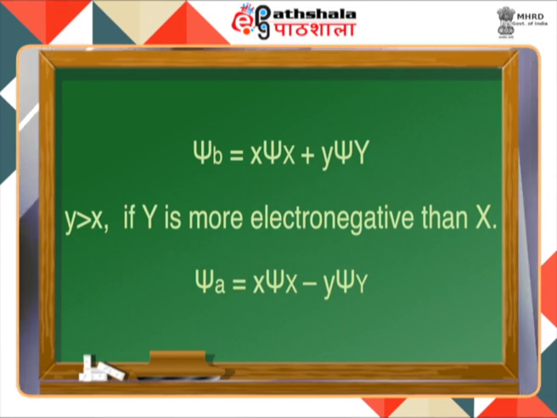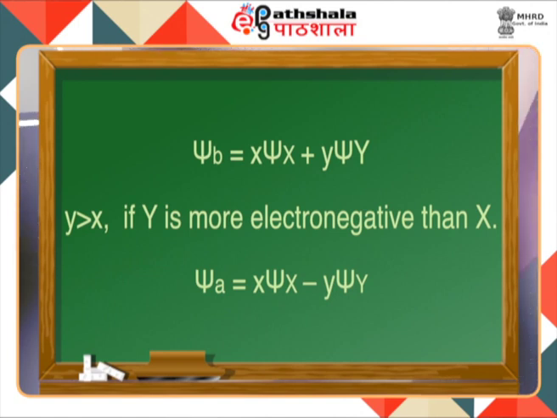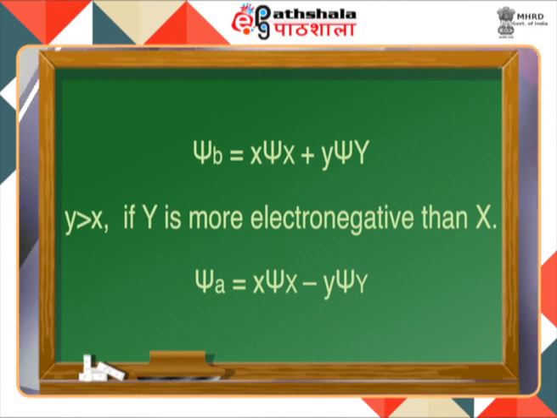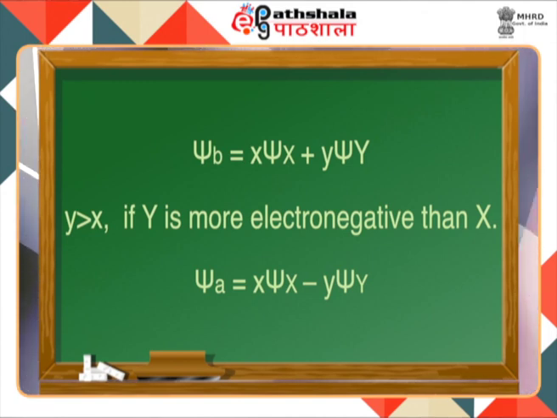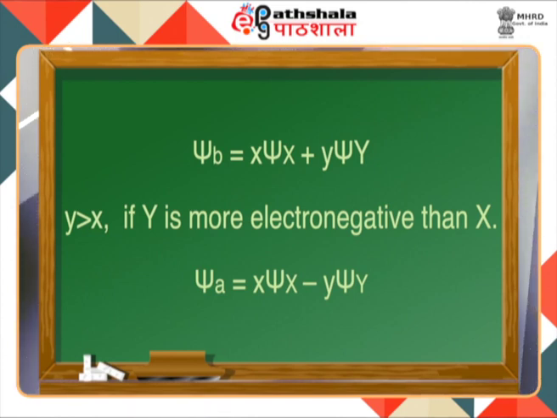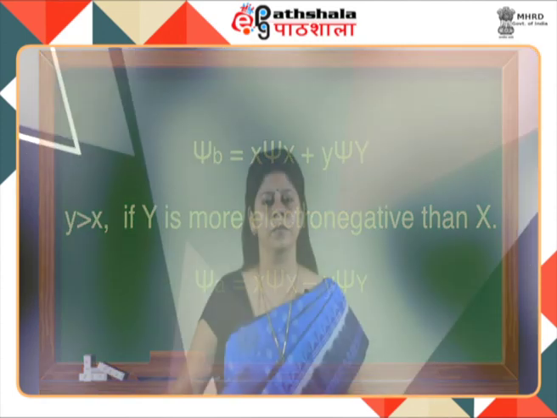Here b is greater than a, that means y is more electronegative than x. Conversely, the more stable atomic orbital contributes less to the antibonding molecular orbital. Psi antibonding is equal to a, the coefficient of x atomic orbital, times the wave function of x atomic orbital, minus b, the coefficient of y atomic orbital, times the wave function of y atomic orbital.